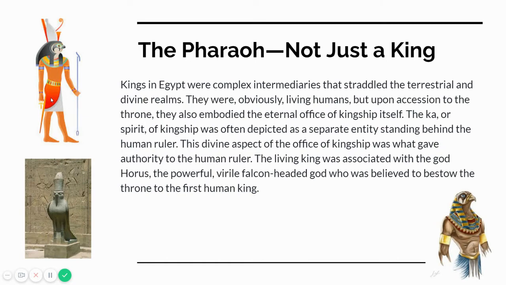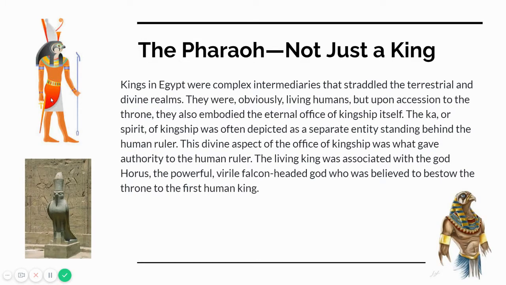They were obviously living humans, but when they ascended to their throne, they would also embody the eternal office of kingship itself. What that means is that once they took the throne, their eternal life would continue to be a part of the throne.